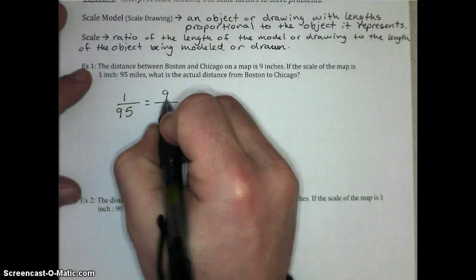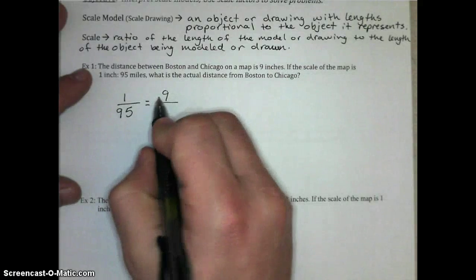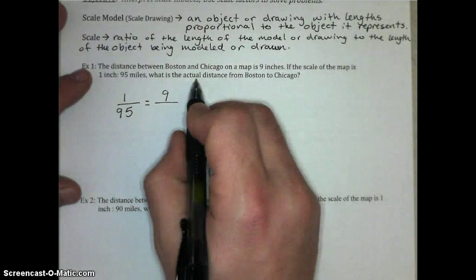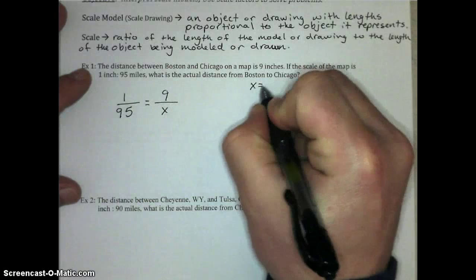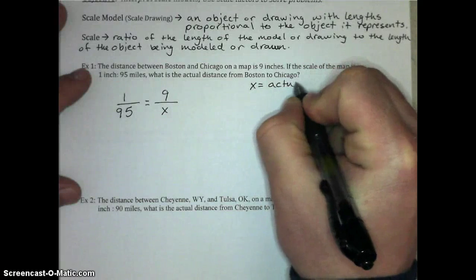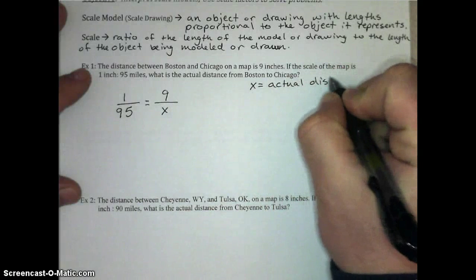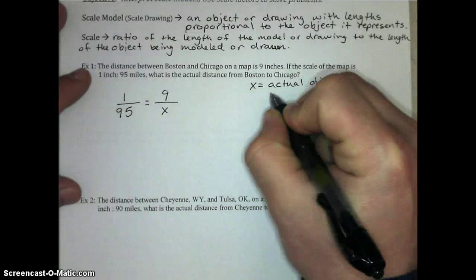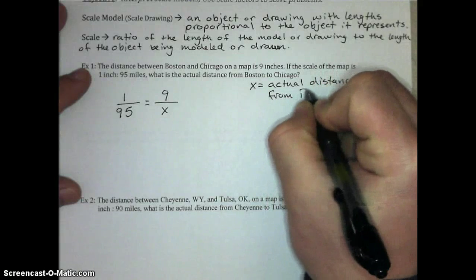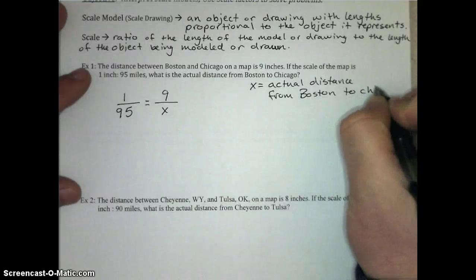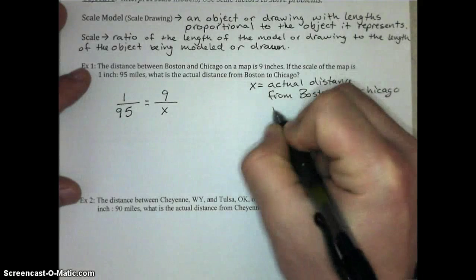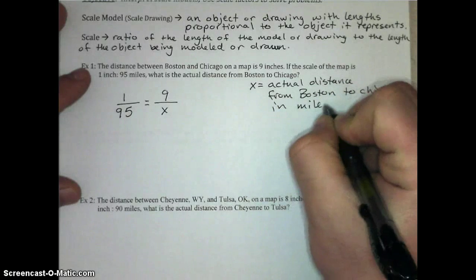So we're going to put our 9 inches on the top. We are looking for the actual distance from Boston to Chicago, so we can call that x. And that'll be measured in miles.